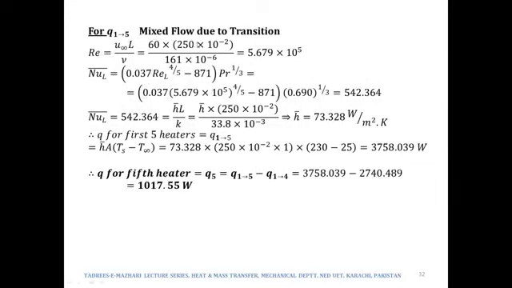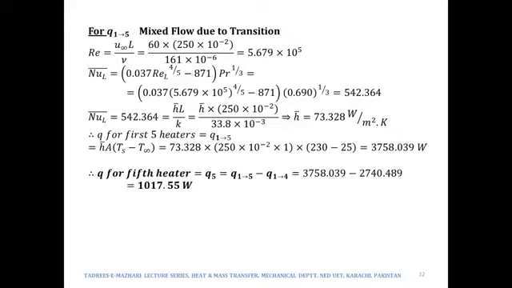So 1 to 5 is the mixed flow due to transition, because we have already found out that the transition takes place at 22.22 meters, 220 millimeters, means the fifth plate. So on the fifth plate it would be mixed flow, right?